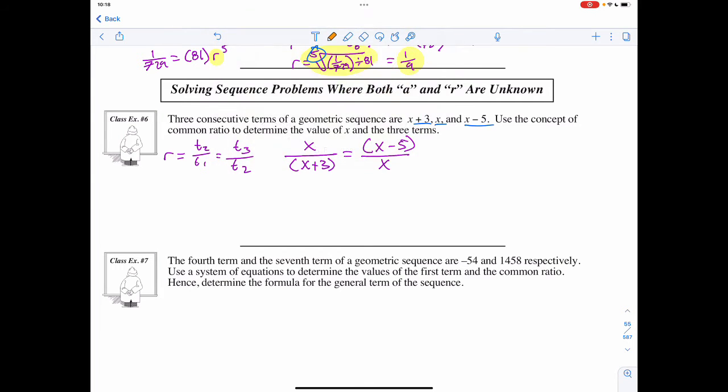I'm going to multiply my x into both sides to get rid of that denominator. I'm going to multiply my x plus 3 into both sides to get rid of that denominator. And then I can say that x squared would equal x squared minus 2x minus 15.